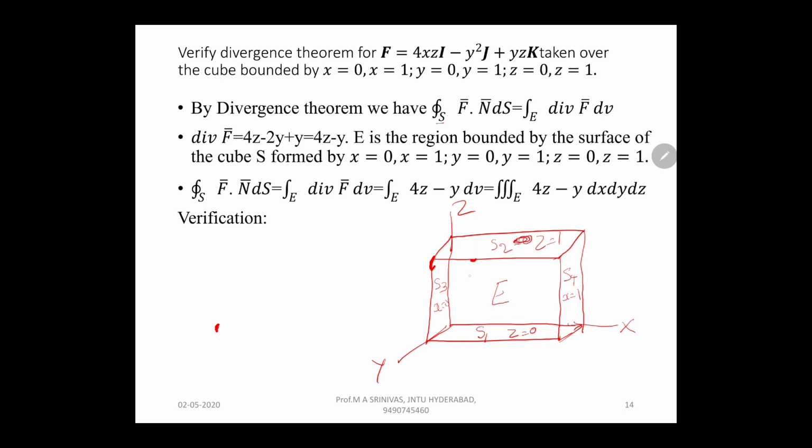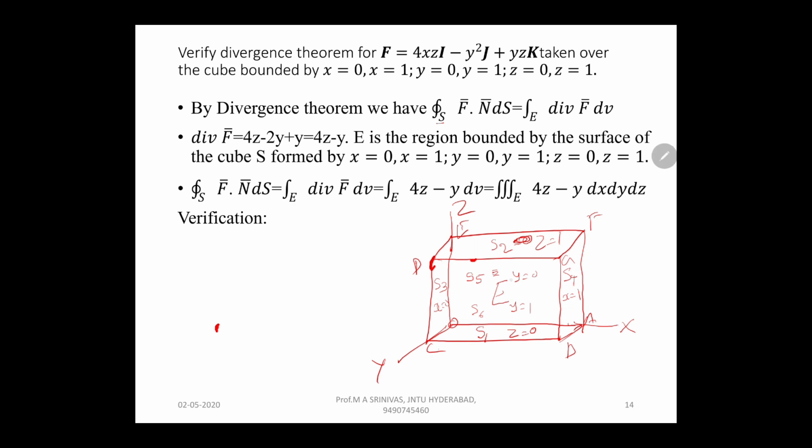This back one is S5, whose equation is y equal to 0, and the front, projected one is S6, which is y equal to 1. So this is O, A, B, C, and this is D, E, F, G. So S6 is DGBC, the projected one. So these are the several surfaces.